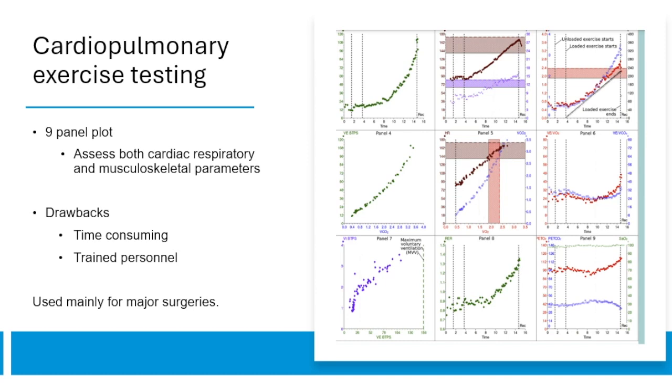Therefore we have subjective methods and objective methods. Out of these, we generally use subjective methods, stair climbing. We know that if the MET value is less than 4, that person has poor functional capacity and is more prone to complications, and you need to optimize that patient preoperatively.